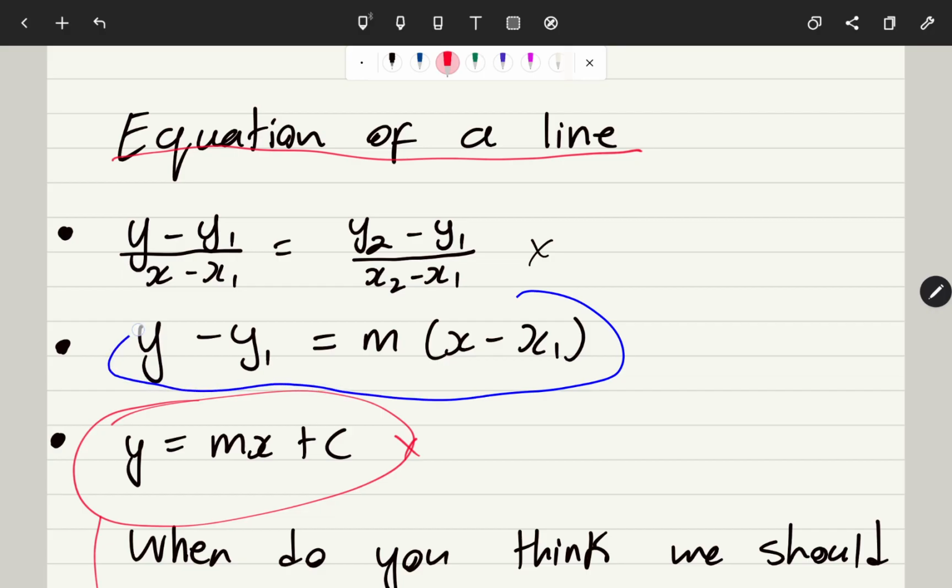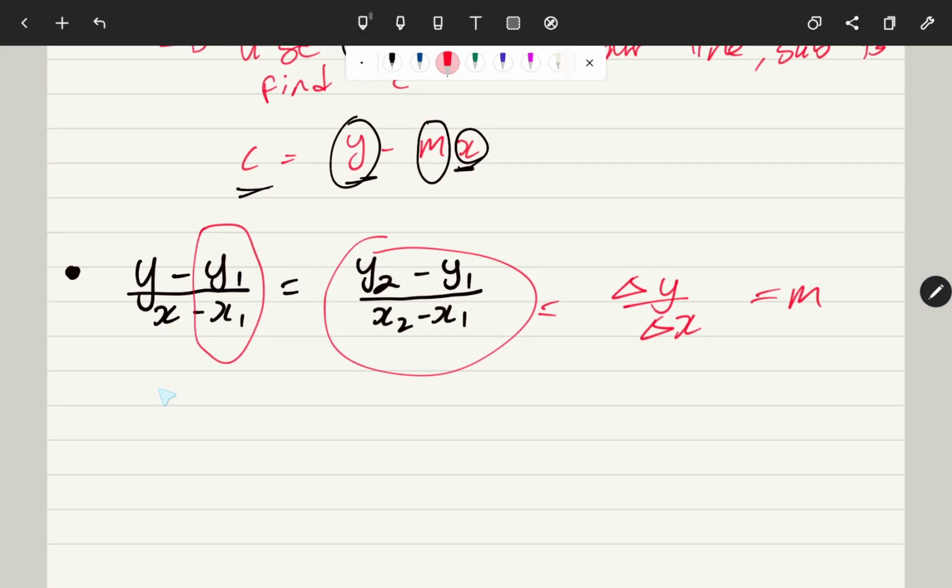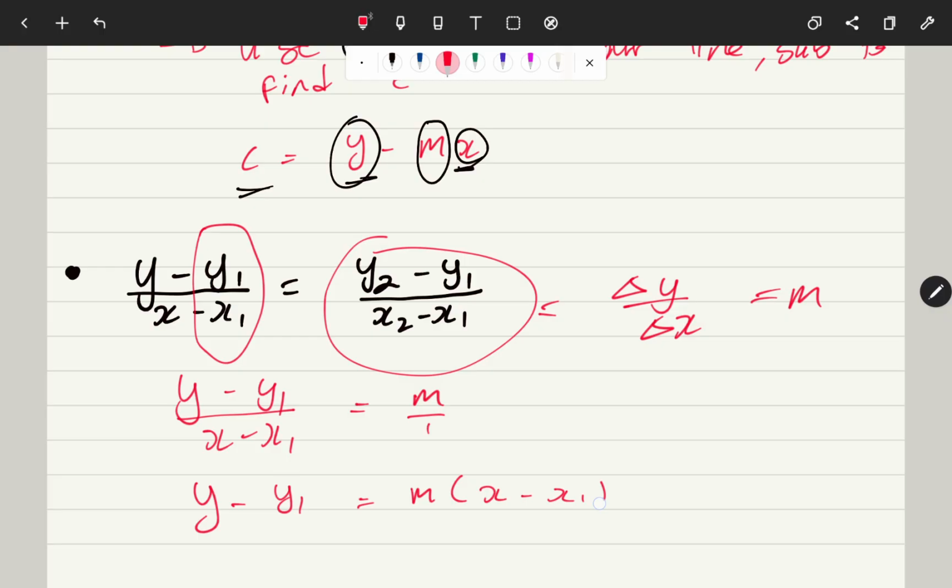I'm going to copy it. Say I have y minus y1 over x minus x1 equals m, for gradient. This m is just m over 1, so if I cross multiply, I have y minus y1 equals m times x minus x1.